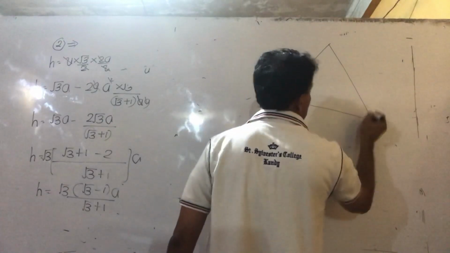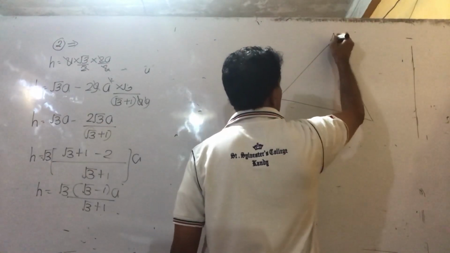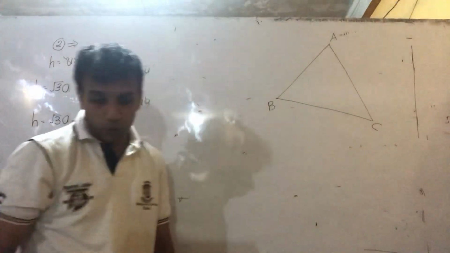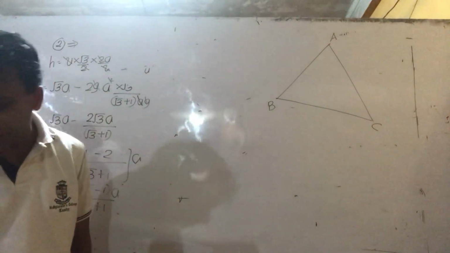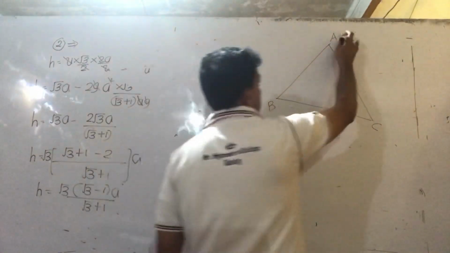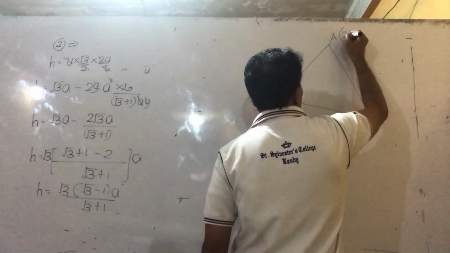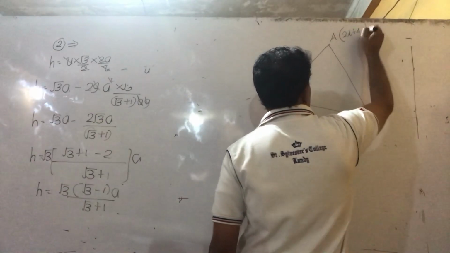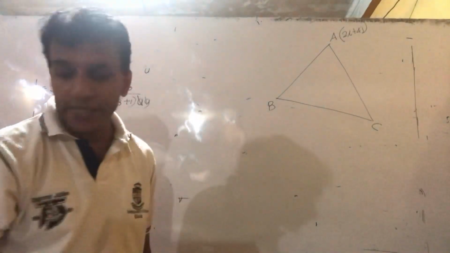A, B, C, right? The position vector of A is 2i plus 4j, with reference to origin.